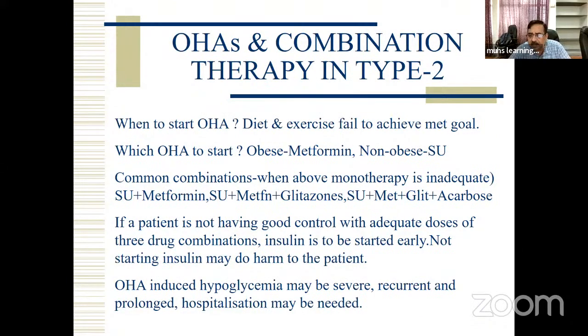Oral hypoglycemic agents and their combinations. When to start, there are different schools of thought. Whenever, we want to achieve euglycemia at the earliest. There are certain places where diet and exercise need to fail before starting the drugs. But in India, there is an affordable, educated population.